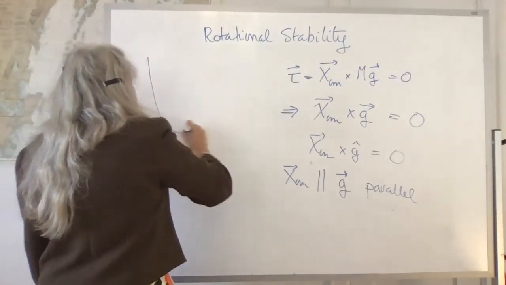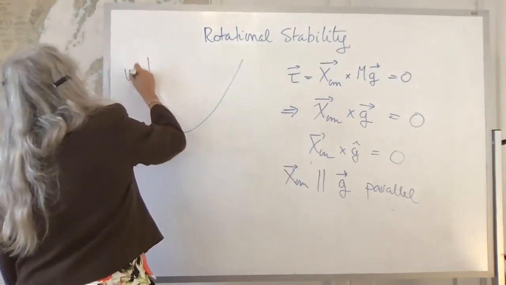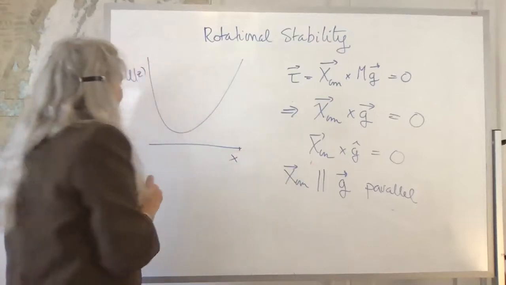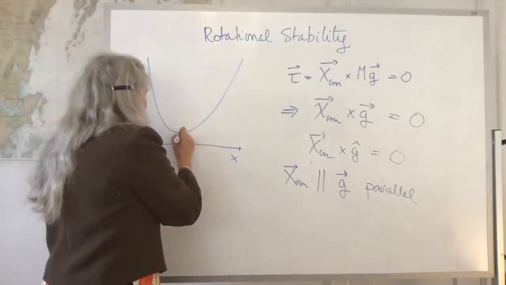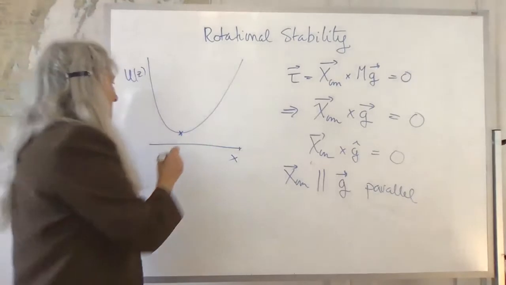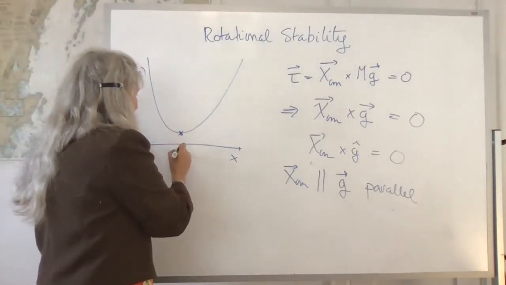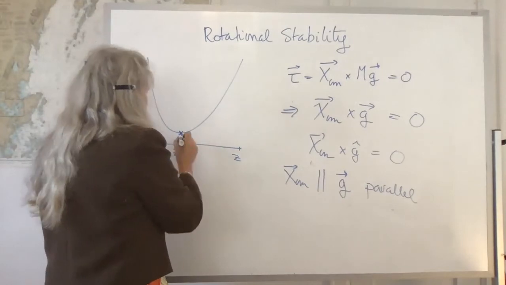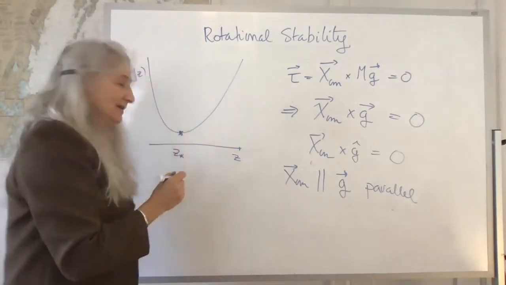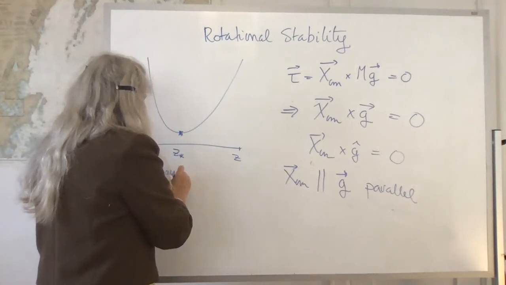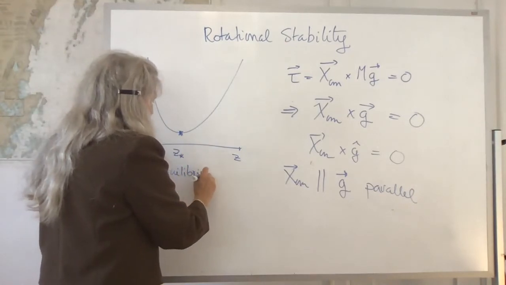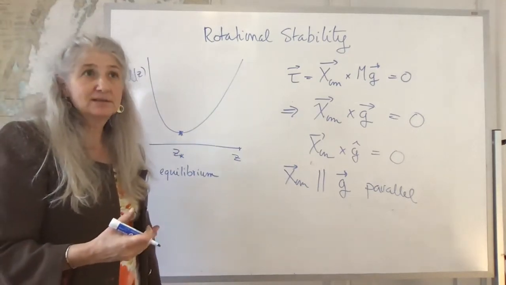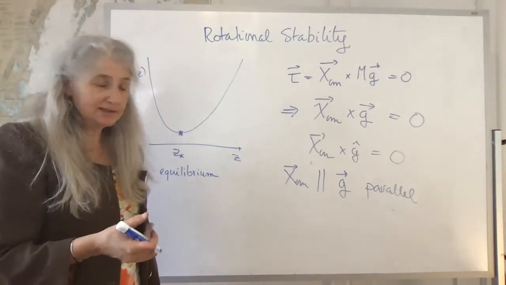So let's write a potential energy. This is U, maybe of z, and this is z. Let's call this z star, and this is the equilibrium point. What do I mean by equilibrium? That means no force. Remember, force is the gradient of the potential.